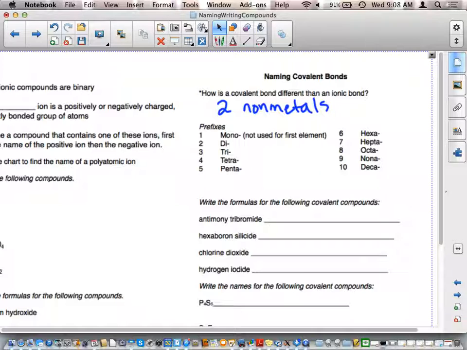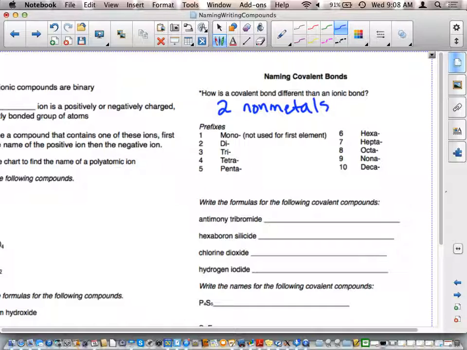All right, so with covalent bonds, when you're writing the formula and doing the name, it's much easier because we use prefixes to tell us how many there are. So we don't need to balance any of the formulas or anything when we're doing this. So here's the list of prefixes that we're going to use. Mono, di, tri, tetra, penta, hexa, hepta, octa, nona, deca.